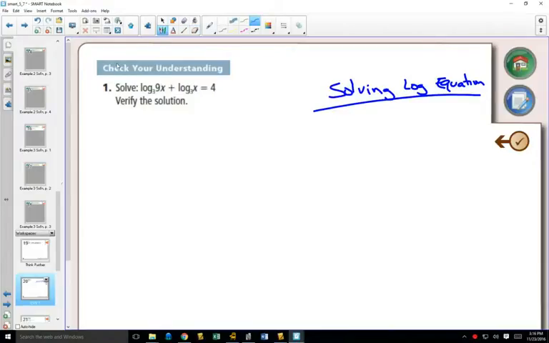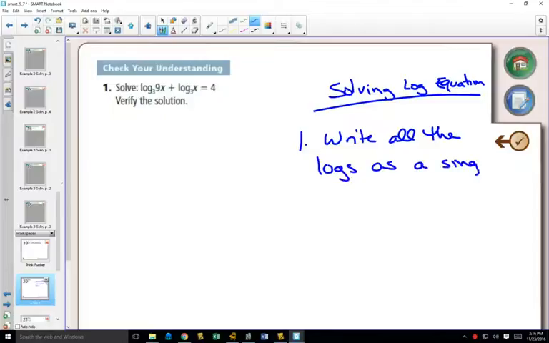So step 1 is to write all the logs as a single log.